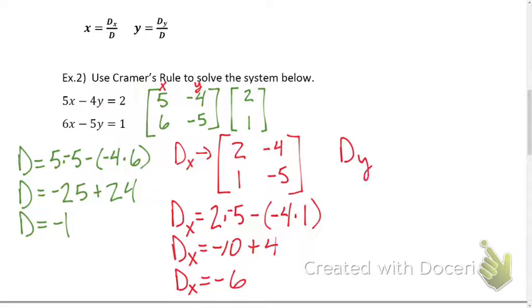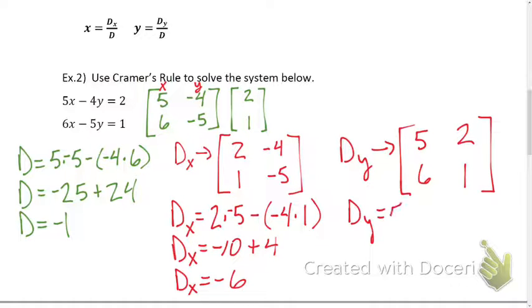You can probably guess how to do the determinant of y. You put the 5 and the 6 back in, take the negative 4 and negative 5 out, put the 2 and the 1 in their place, and find that determinant. So we go 5 times 1 minus 2 times 6.